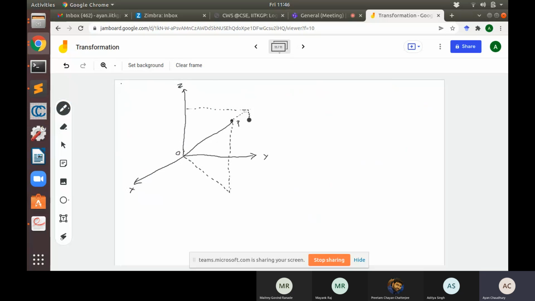So this is the plane, this is parallel. My drawing is not perfect, so that's why it's looking like this. And also we connect these two, and consider this one as a plane.